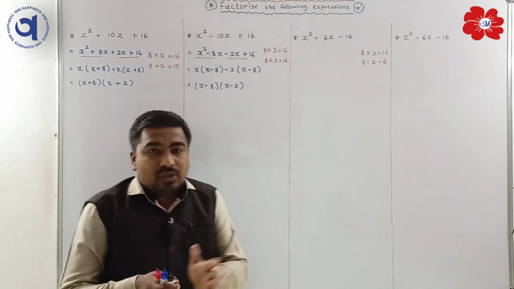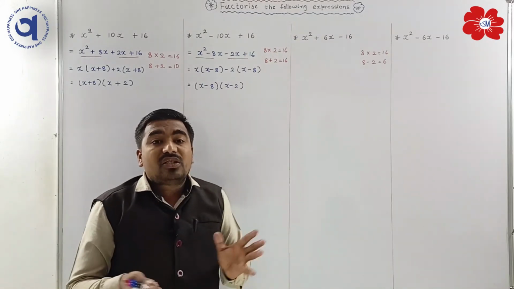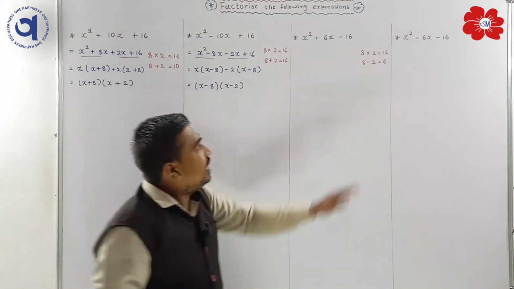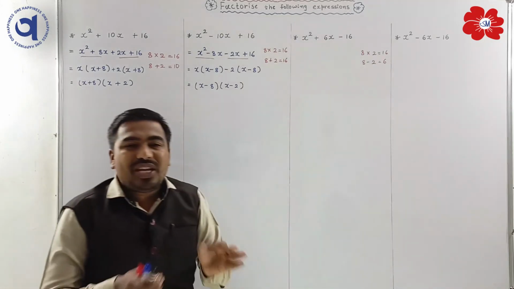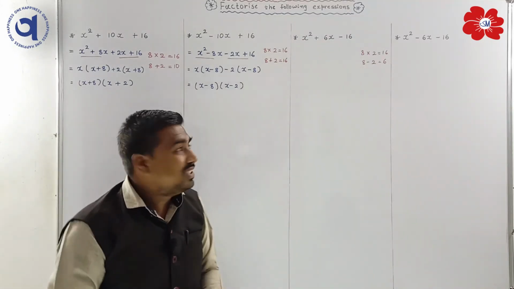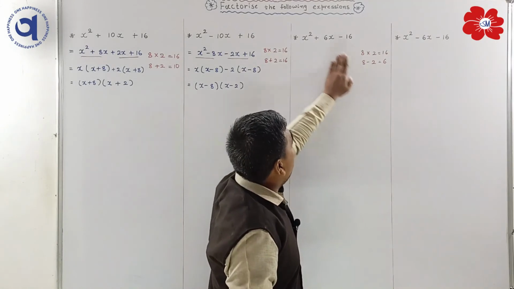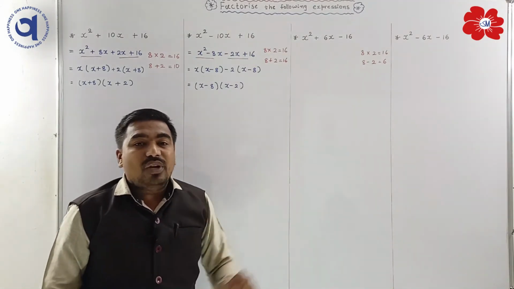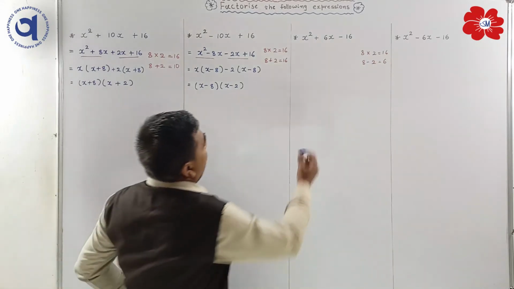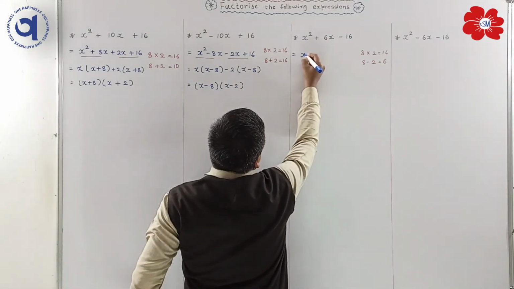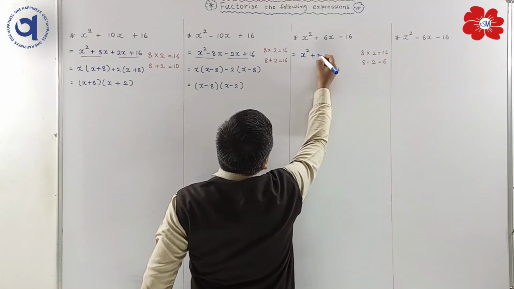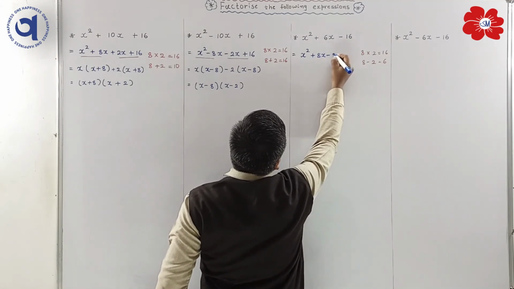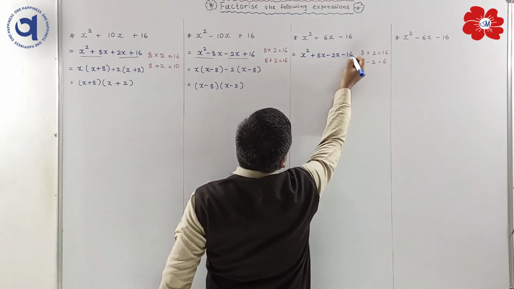Why are we taking subtraction? Because our last sign is minus, so we take subtraction, and we get the middle term. 8 minus 2 is equal to 6.